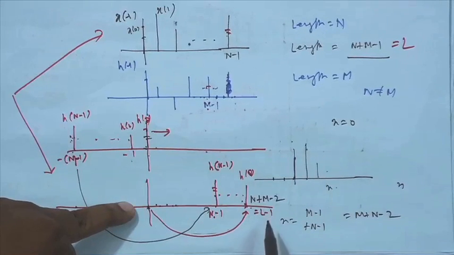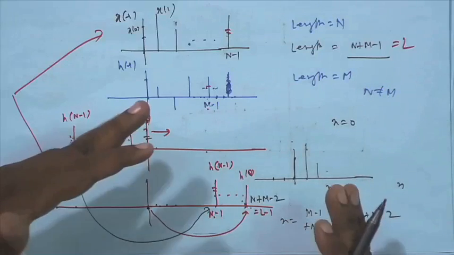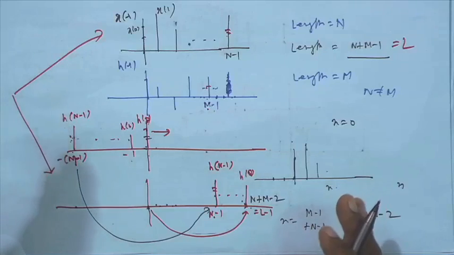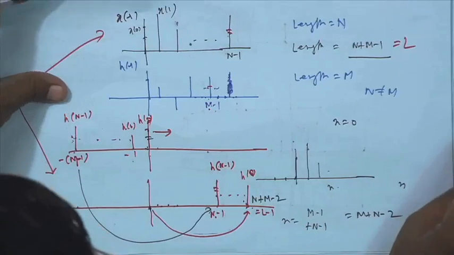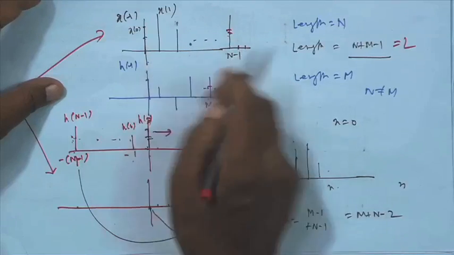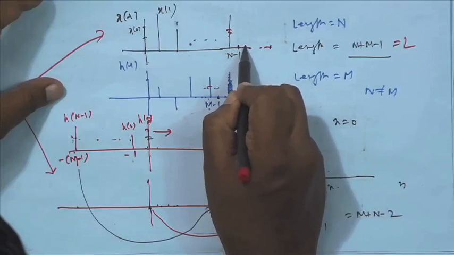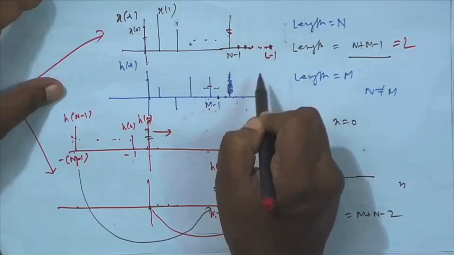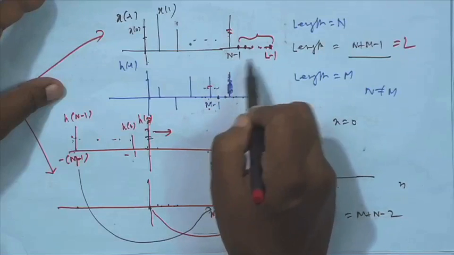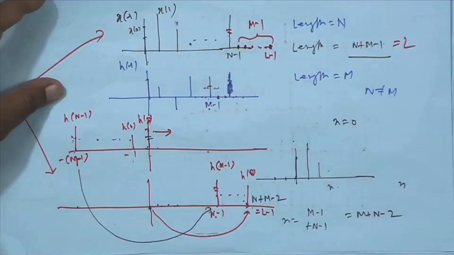So, I should have a provision for so many points in my output sequence, which means I will make both the sequences the same length L. So, I will append zeros up to L minus 1 here. L minus 1, n minus 1. So, how many zeros? L minus n, and L minus n is m minus 1. So, m minus 1 zeros.